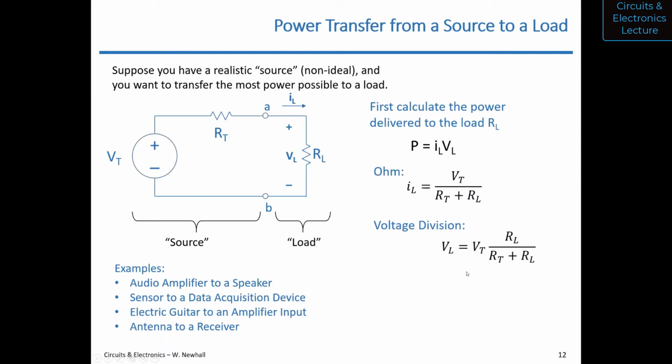You know VT. You can multiply these together and get the PL. So this IL equation times that VL equation is what you see at the bottom here. That's the power delivered to the load, what that load resistor is absorbing. Let's suppose you want to maximize that so you have the best audio quality out of your radio receiver.